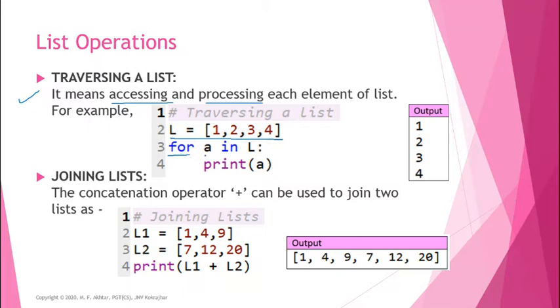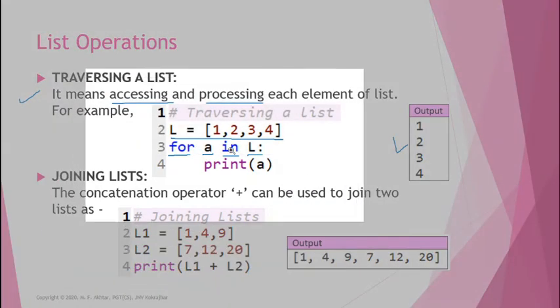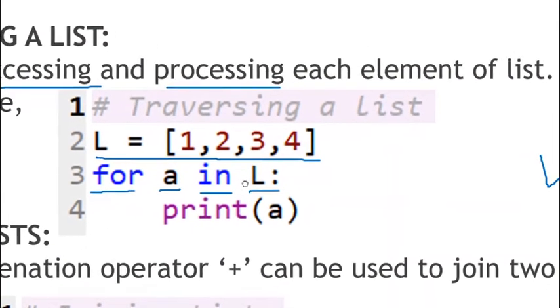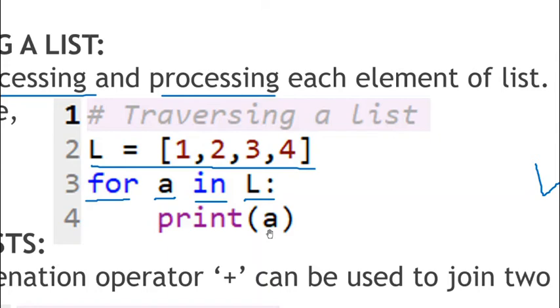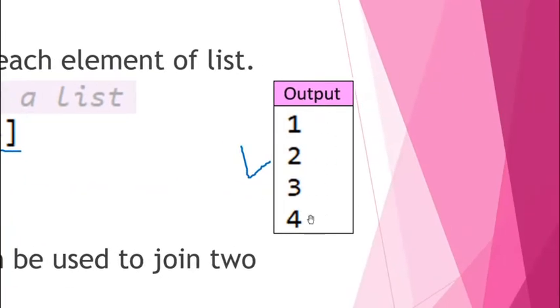Just put a variable, give the list here and put the in operator. It will display the values one by one. See the output here. Okay, traversing a list, and the output is like this.